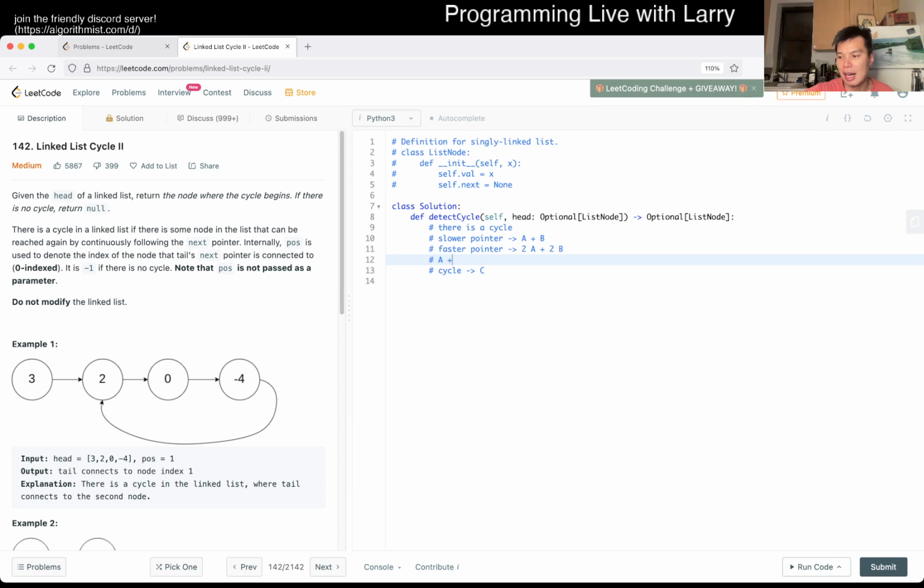Okay, how far did the fast pointer move? Well, the fast pointer, when it moves to B, what does that mean? There's this formula as well, but that means that it moves A plus, because A is the head, C is the length of the cycle.